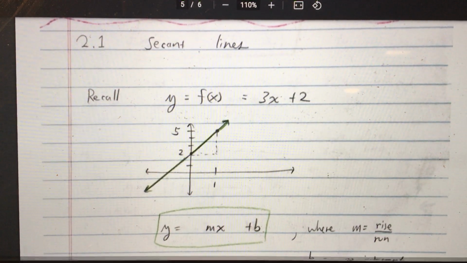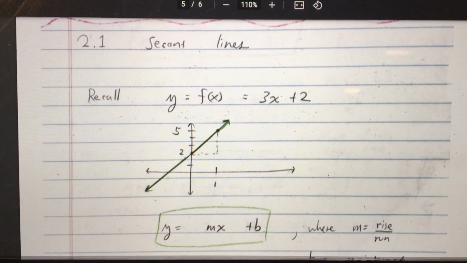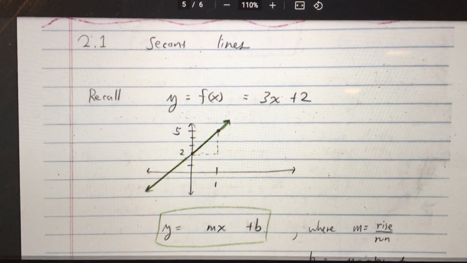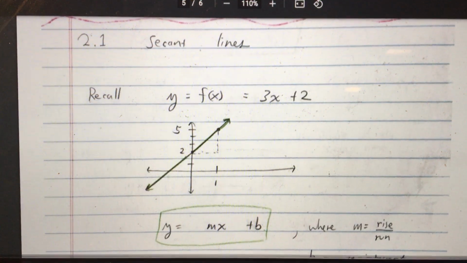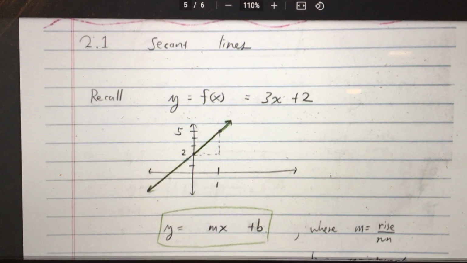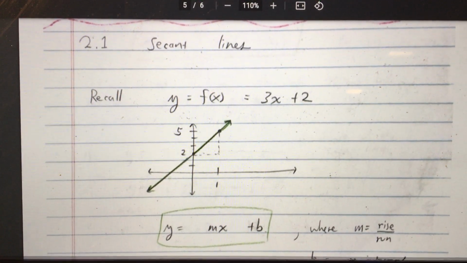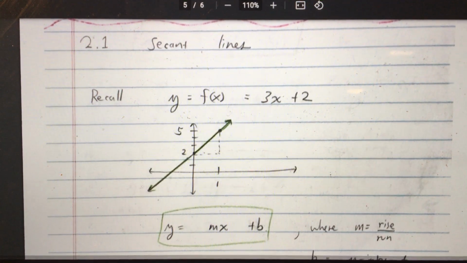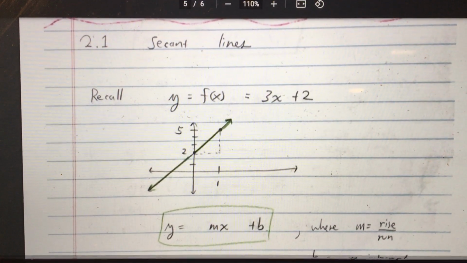And this time our function is going to have the format of just any number times x plus any number. Those could be fractions, whole numbers, decimals, but nothing can happen to x except just multiplying by a constant and adding or subtracting a constant.